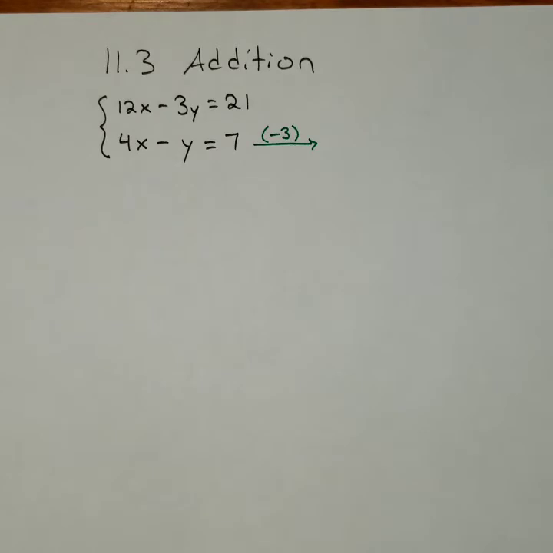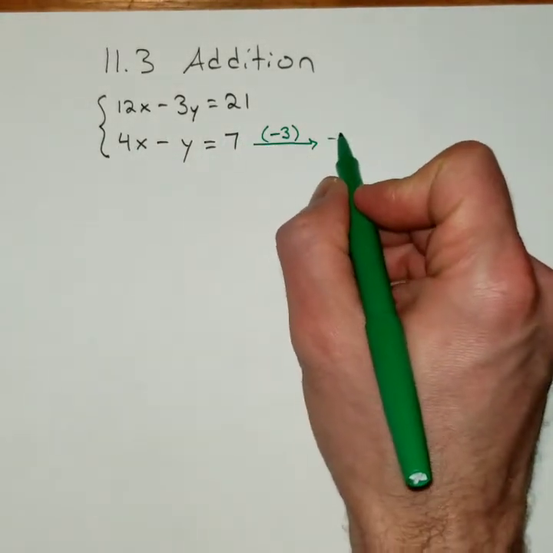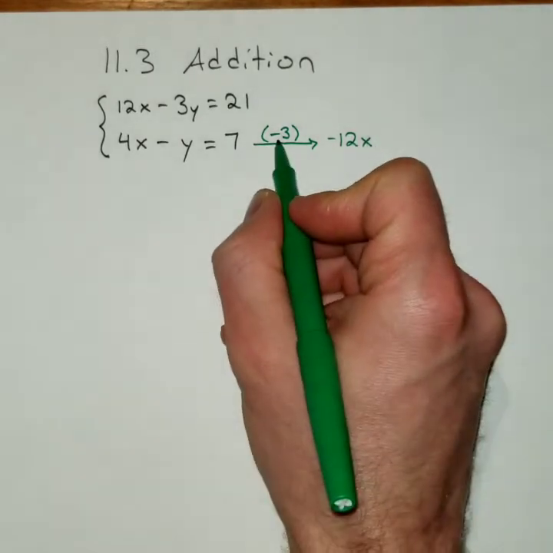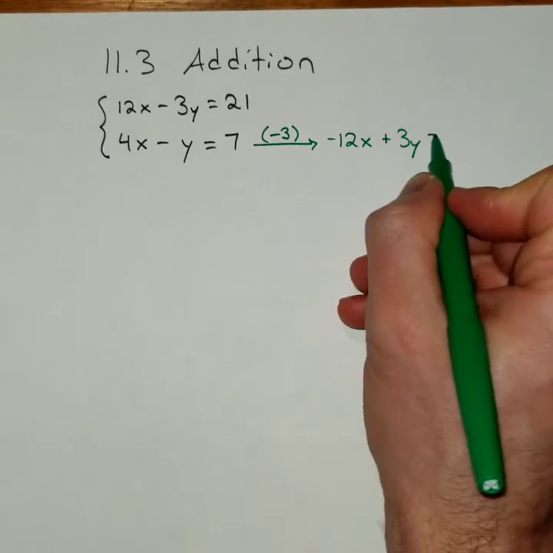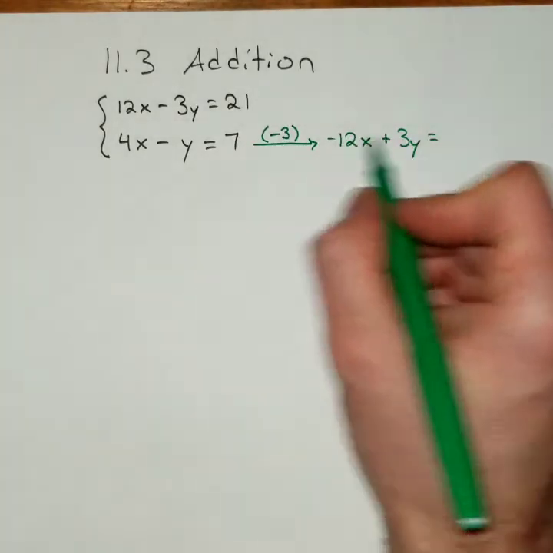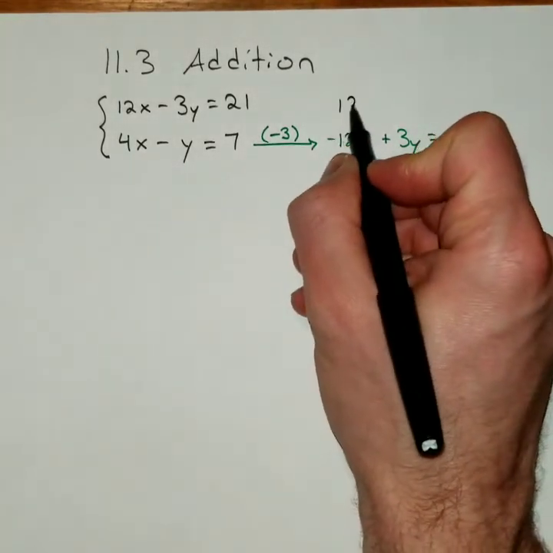So when I do that, this equation is going to become negative 3 times 4, which is negative 12x. Negative 3 times negative 1 is positive 3y. And negative 3 times 7 is negative 21. Now the top equation stays the same. It's 12x.